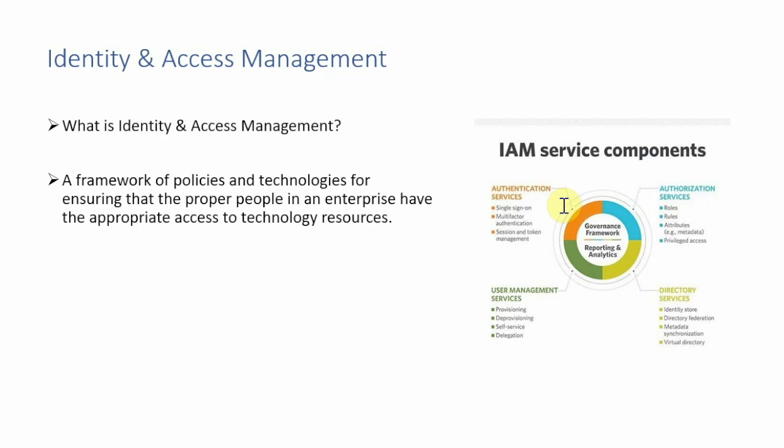Now, what is the problem? If we do not track the access of each employee, what is the problem? The problem comes when some employee tries to do something bad to the company. Suppose one is leaving the company and he tries to do something bad for the company.